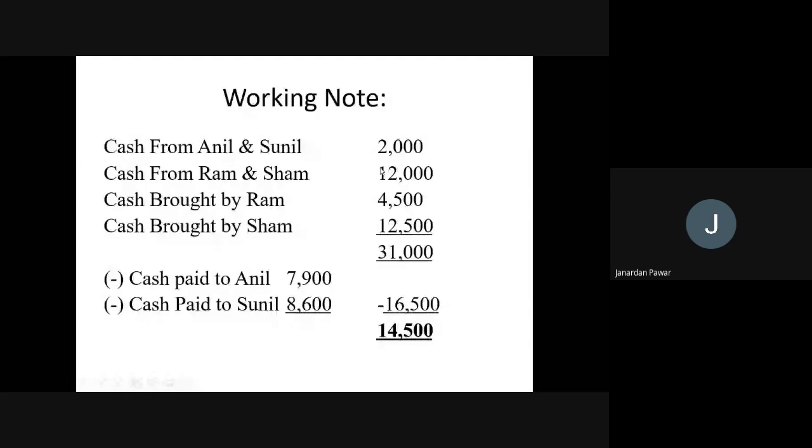Cash brought by Ram is rupees 4,500, and cash brought by Sham rupees 12,500, means total cash is rupees 31,000. But out of 31,000, we have to pay Anil and Sunil rupees 7,900 and 8,600 respectively. So 16,500 will be reduced from 31,000, and 14,500 will be the cash.